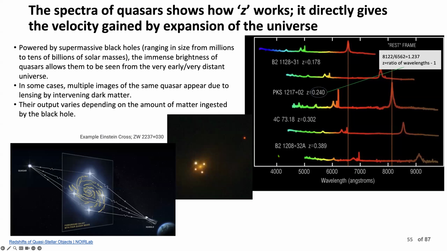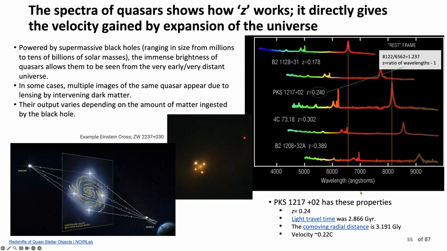And here's how the redshift of a distant galaxy or quasar is characterized. There's the redshift Z equal to 0.178, and we see that's a structure associated with hydrogen. At the higher Z, we see more shift and so forth.